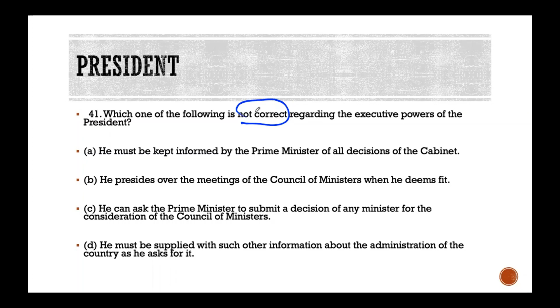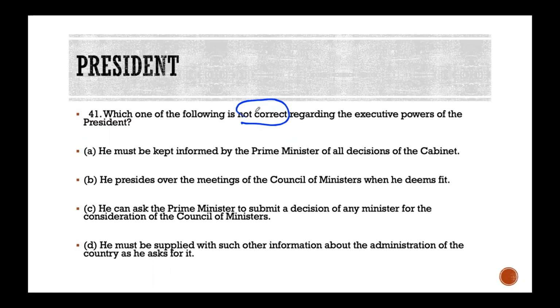Option number B. Option number C is he can ask the prime minister to submit a decision of any minister for the consideration of the council of ministers, meaning he's saying that, okay, the minister has chosen something, but I want the council of ministers holistically to take a look at this once again. And then option D is he must be supplied with any information about the administration of the country, whatever he asks for or whatever he feels he needs.